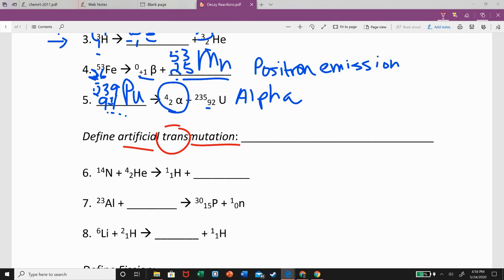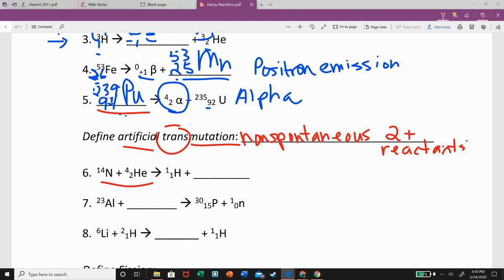So if natural was spontaneous, artificial will be non-spontaneous. And then in this case, I will have 2 or more reactants. So notice I have 2 reactants that makes this artificial. I have 1 reactant that makes that natural.